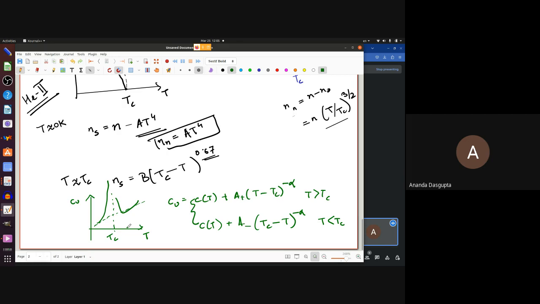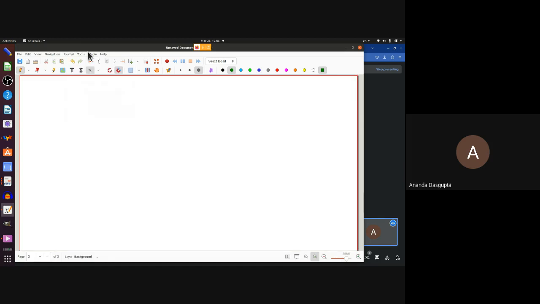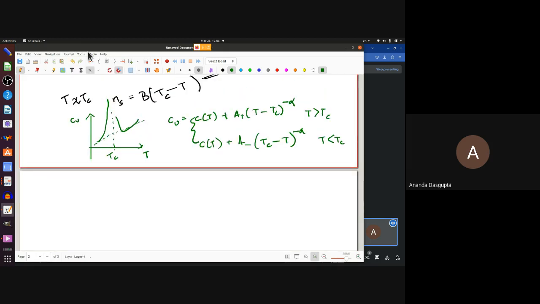Now, why was this something which Landau took to be against the idea of BEC? Once again, Landau did not reject the two-fluid model, but he used it; he rejected the idea that this two-fluid is basically Bose-Einstein condensation. Why? Because in Bose-Einstein condensation, as we had talked about before, the CV essentially behaves like this.